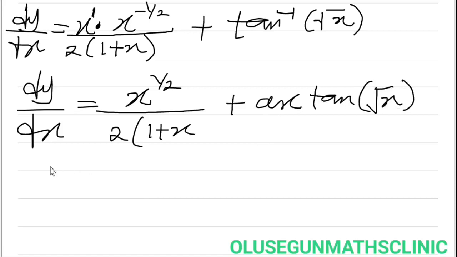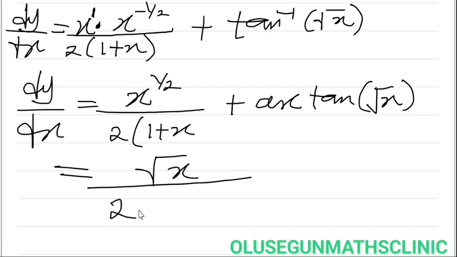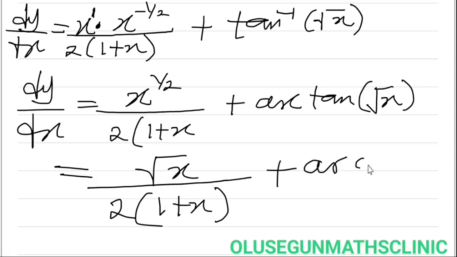So the final answer now is root x over 2 onto 1 plus x, plus arctan root x. This is the final answer.